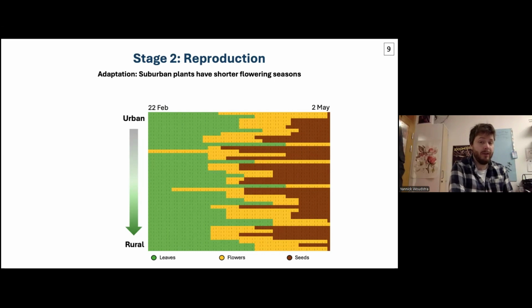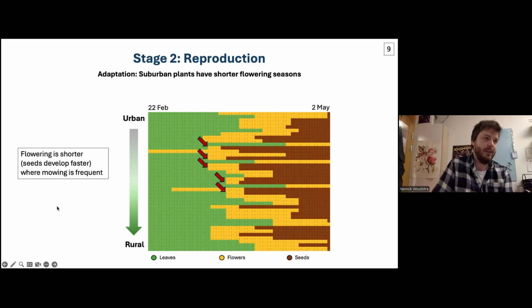And when we checked human activity in these locations, we noticed that there was a lot of mowing because a lot of these plants are growing in parks and heavily mowed roadside verges. So that explains the need for wrapping things up quickly. You know, you flower and then you almost immediately start producing the seeds.